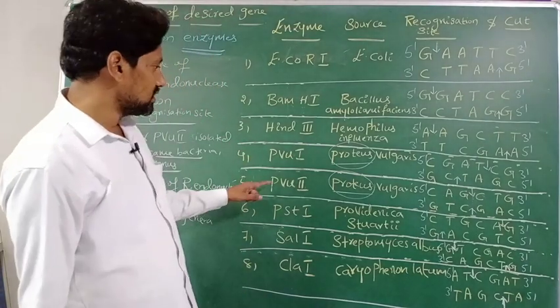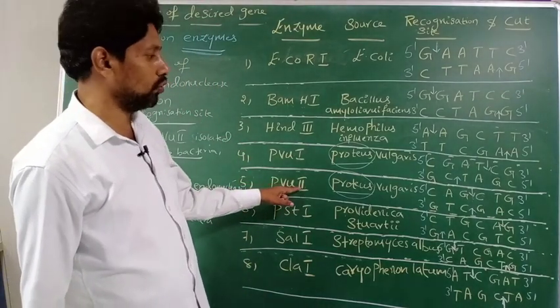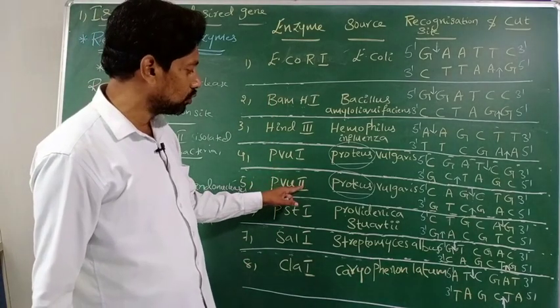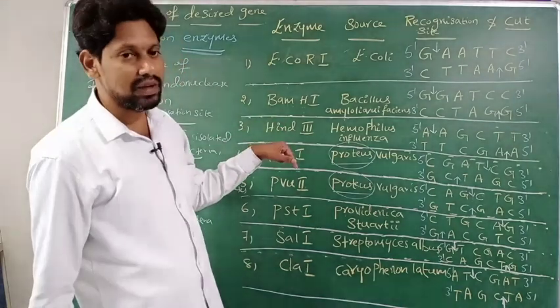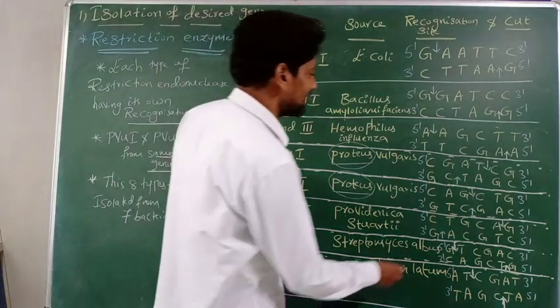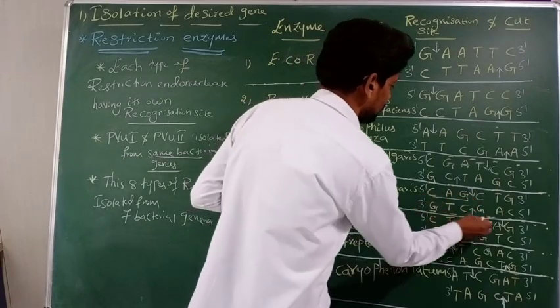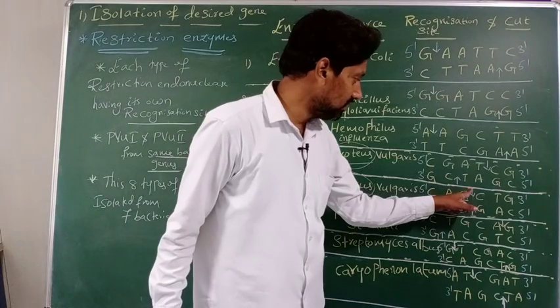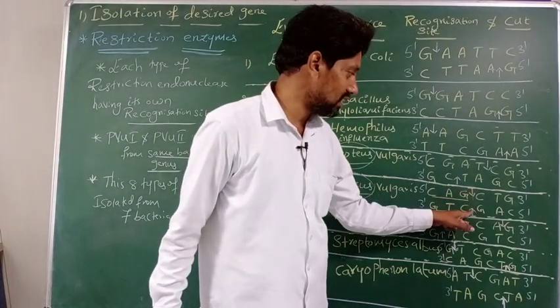Listen carefully. Sir, out of these 8, except PvuII, the remaining 7 make staggered cuts, whereas PvuII makes an even cut. You can check it. Yes or no? Therefore, it cuts both the strands at the same point.